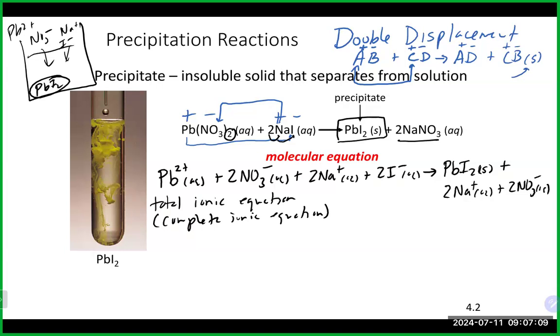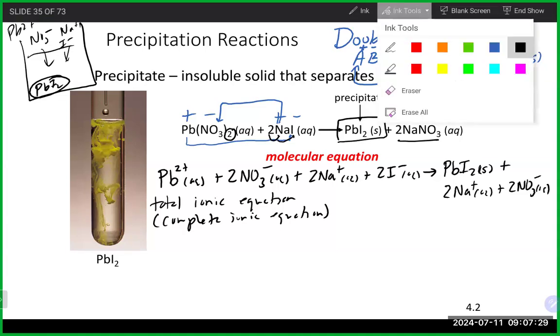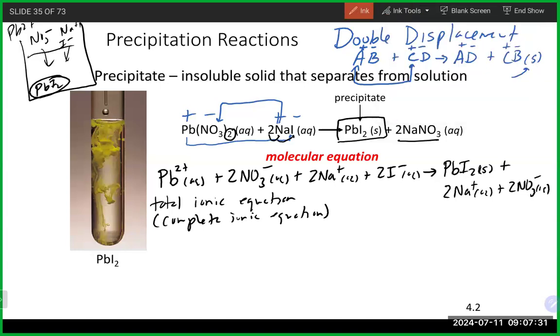So anything that's an ion in a formula will need a charge. So you do have to put the +2s, the -1s, and the +1s and stuff like that. The total ionic equation basically describes what happens when we dump everything in together, and we should be able to find ions on both sides of the arrow which look identical to each other.